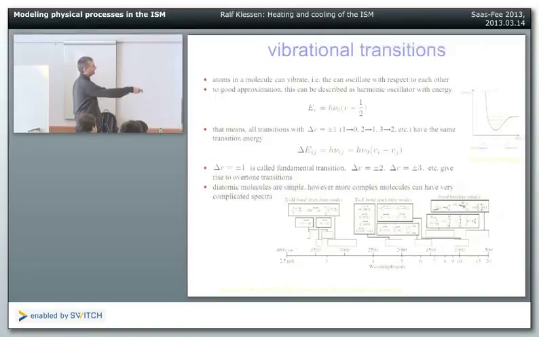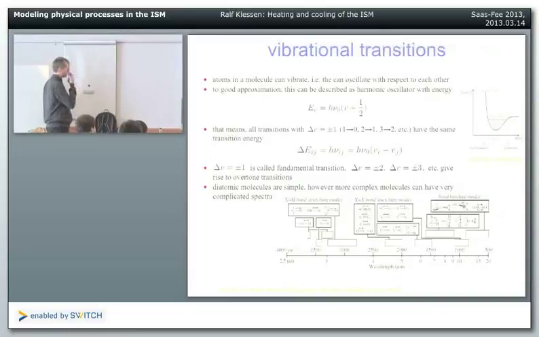This can be approximated by a harmonic oscillator around the minimum, and these are just the energy levels of a harmonic oscillator from quantum mechanics, well known. The transitions are then simply going from one level to the other, and all transitions, say 1 to 0, 2 to 1, 3 to 2, etc., have the same transition energy. It's just a difference in energy.